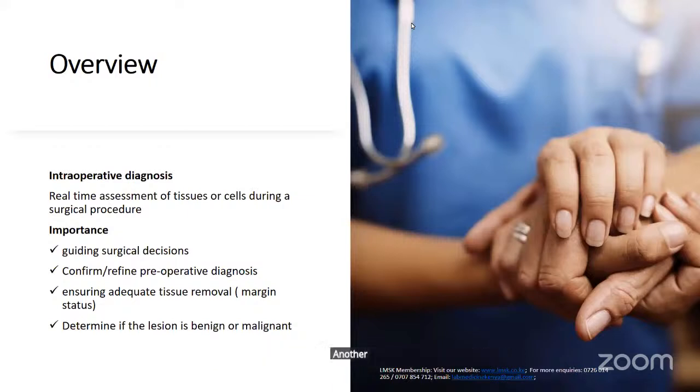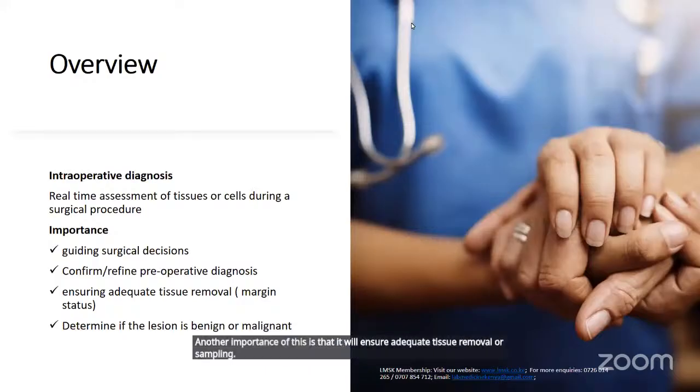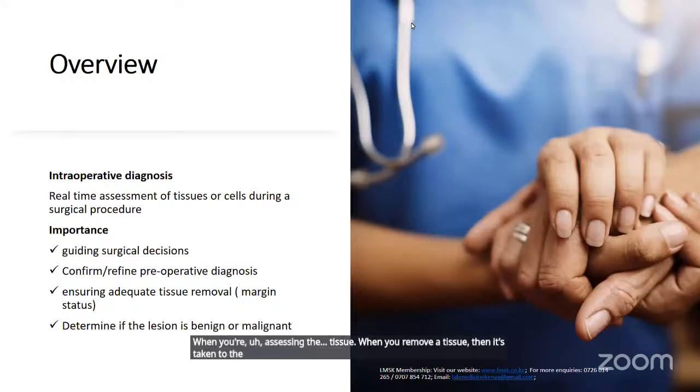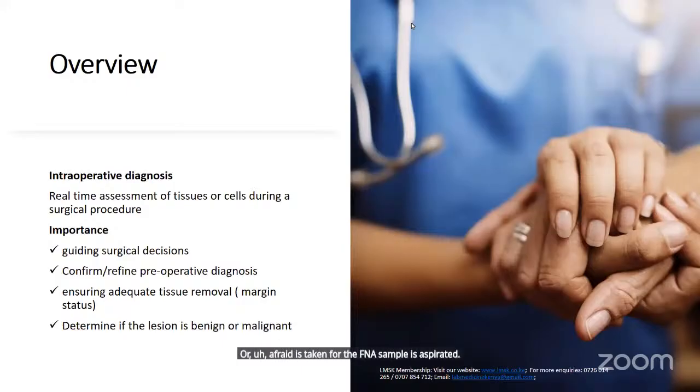Another importance is that it ensures adequate tissue removal or sampling. When a tissue is removed, a biopsy is taken, or a fluid is taken, or an FNA sample is aspirated, it is done intraoperatively, right? You do the quick assessment and processing of the sample, then you report the results.